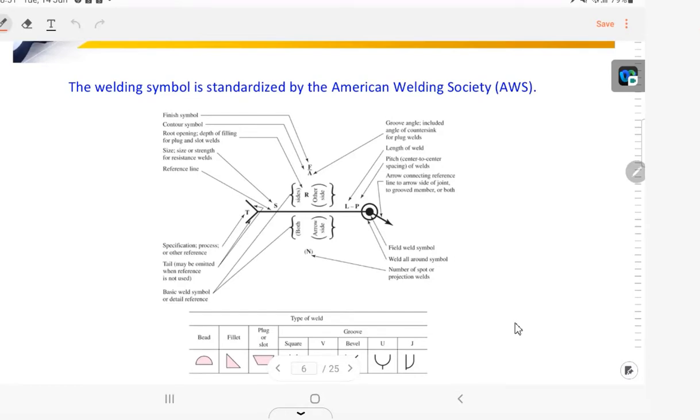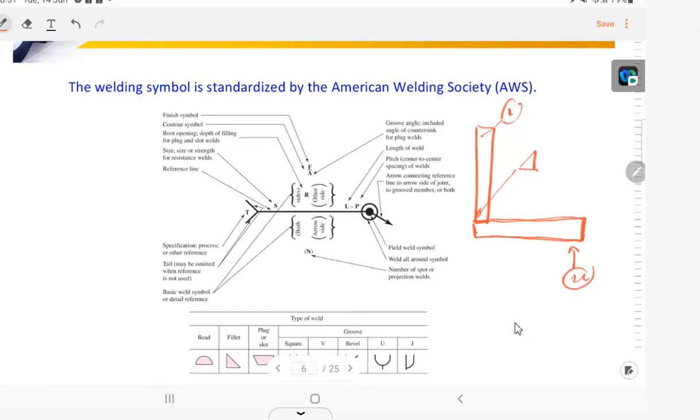In our assembly drawing, if you have these parts, the fabricator might want to know how to join between these parts and these parts. So in your drawing, you could show this.